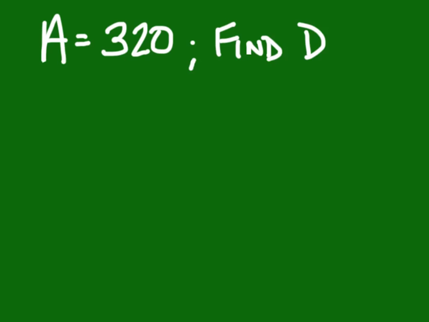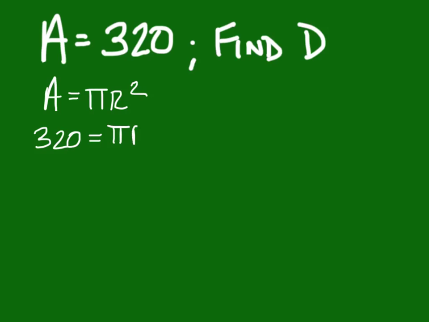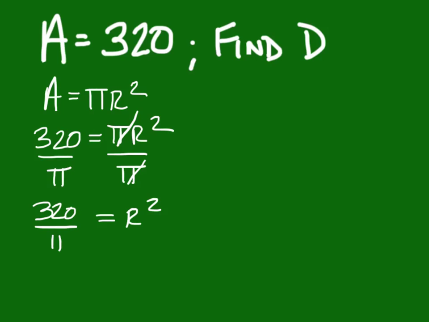The solution for the practice problem is that you start with A, so you need the formula of A equals pi r squared. Substitute in 320 for A and set it equal to pi r squared, and then divide both sides by pi. You're left with r squared on the right and 320 over pi.